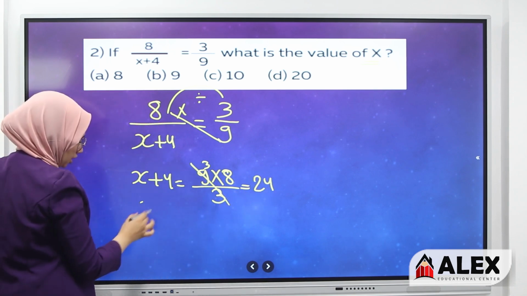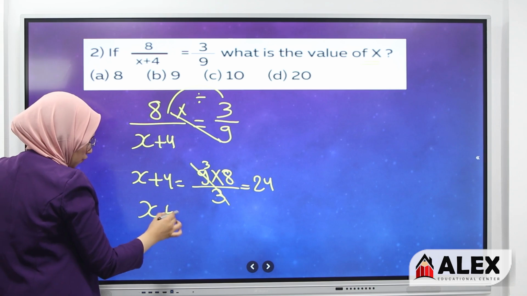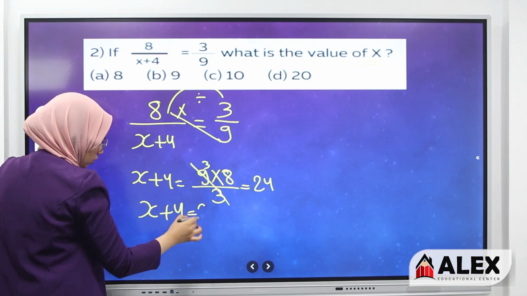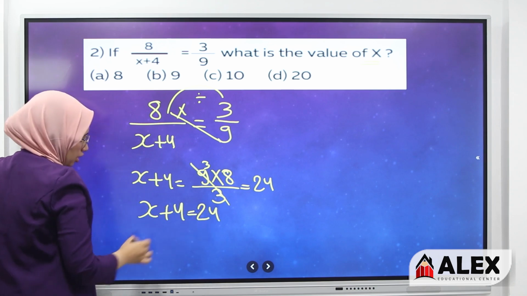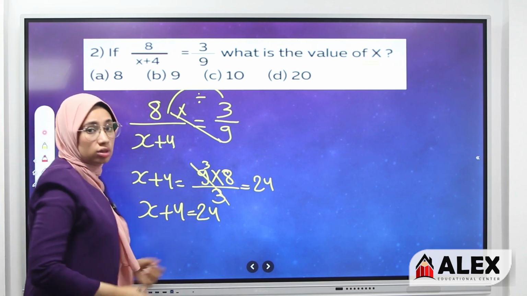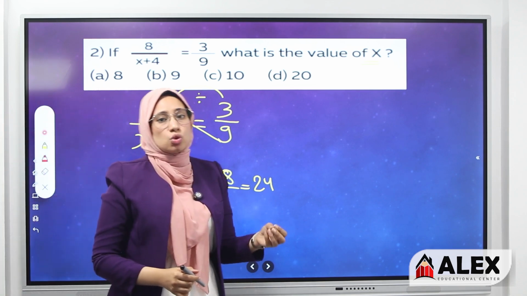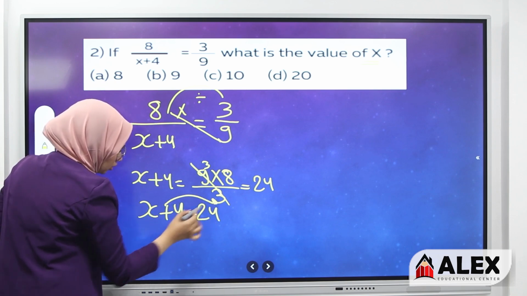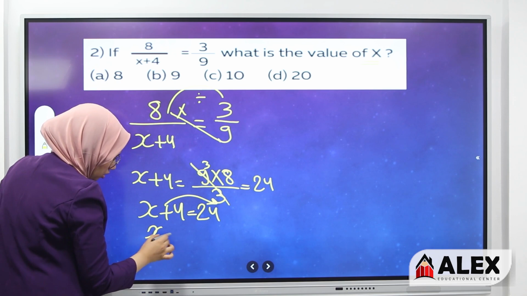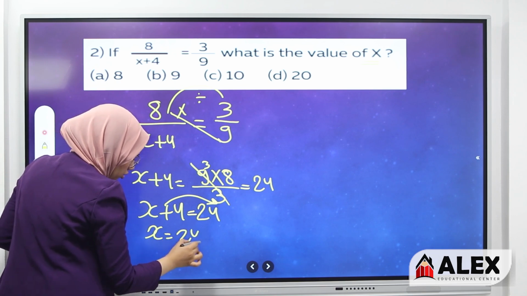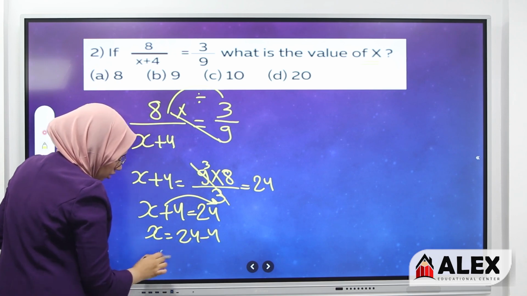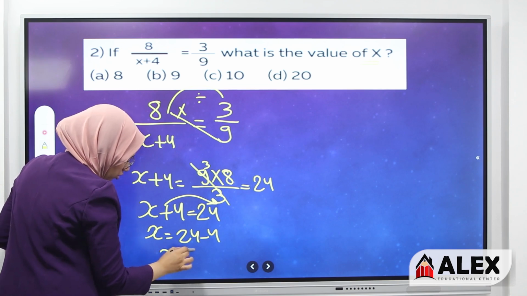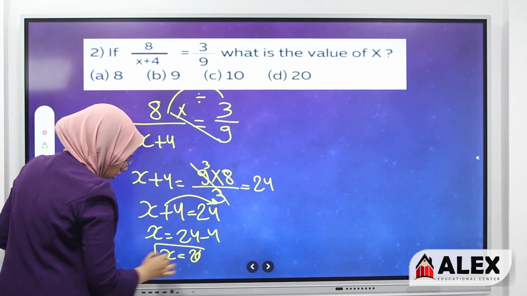That means x plus 4 equals 24. That's the equation. Make the inverse operation. What's the inverse of adding? Subtraction. x equals 24 minus 4. Then x equals what? x equals 20.